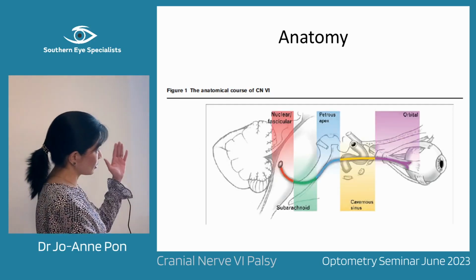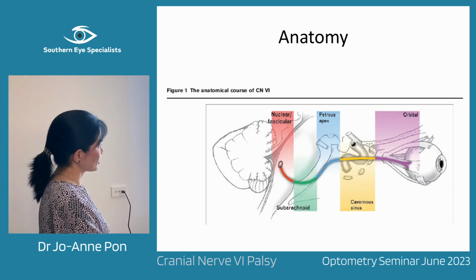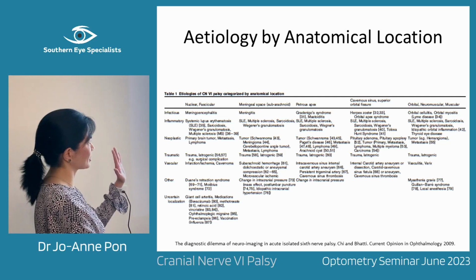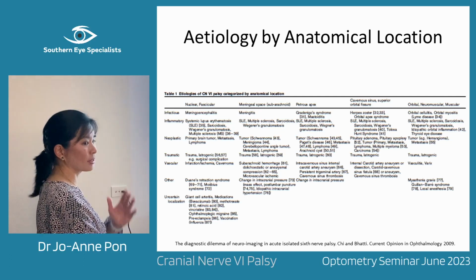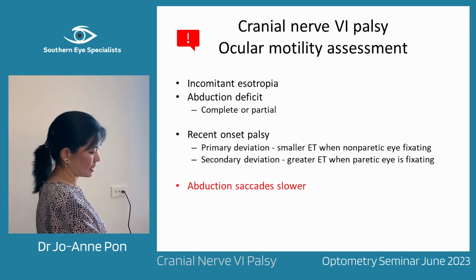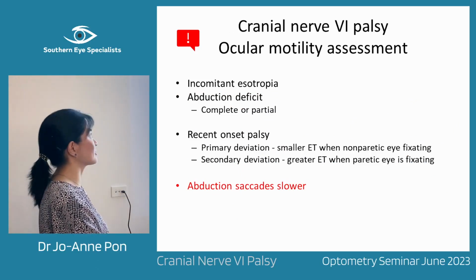So we've looked at the pathway of the sixth nerve, starting in the brainstem, going all the way through to the eye. There is a table if anybody's interested, which looks at each location and the possible causes, but that's more for interest. I remind you that this is the take-home message.